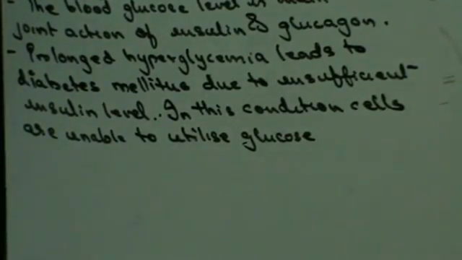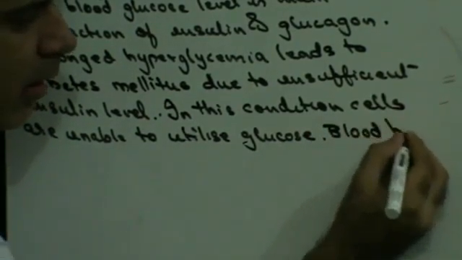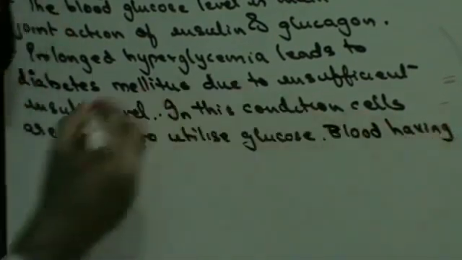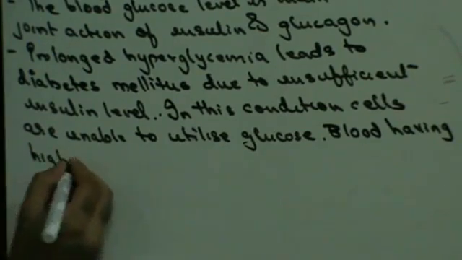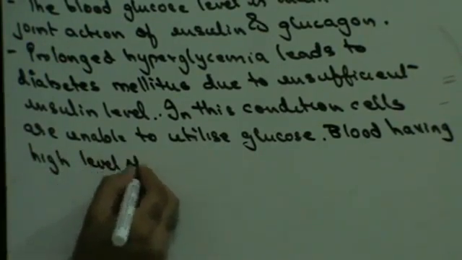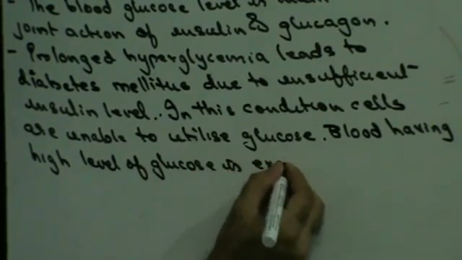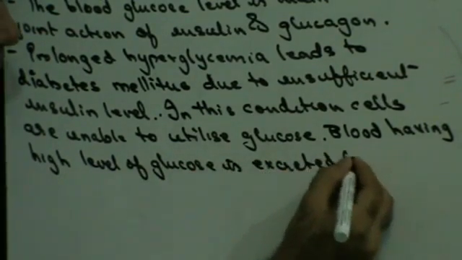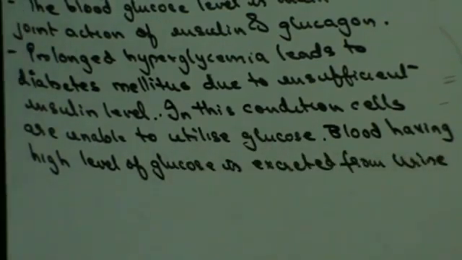As a result of this, blood having high level of glucose is excreted from urine. Fine.